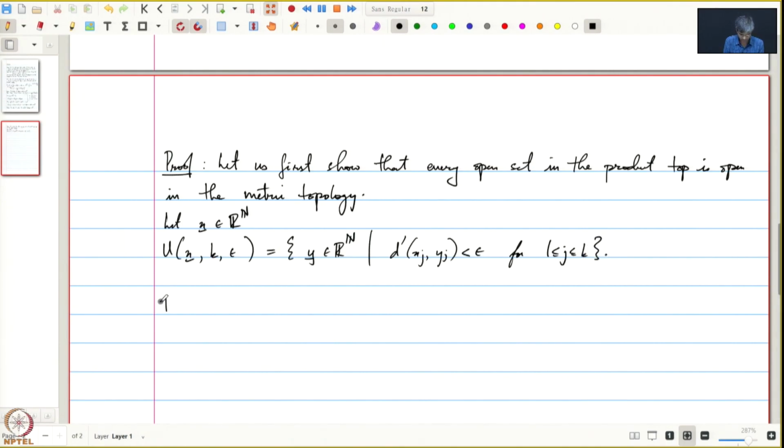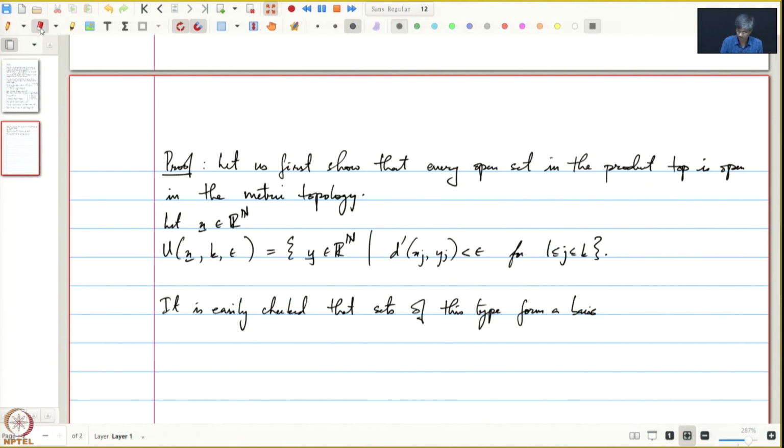It is easily checked that sets of this type form a basis for the product topology.